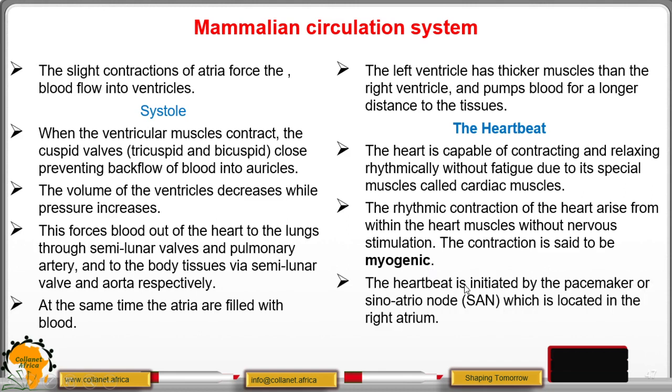The heartbeat is initiated by a pacemaker called the sino-atrial node, abbreviated as SAN, which is located in the right atrium. The wave of excitation spreads over the walls of the auricle after this initiation by the sino-atrial node.